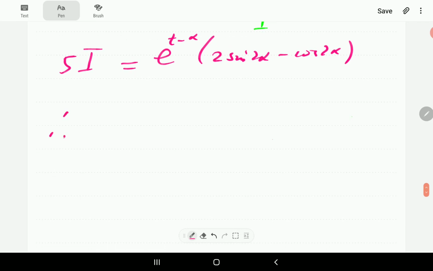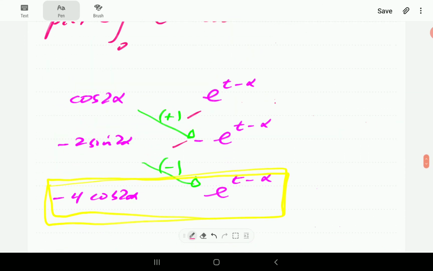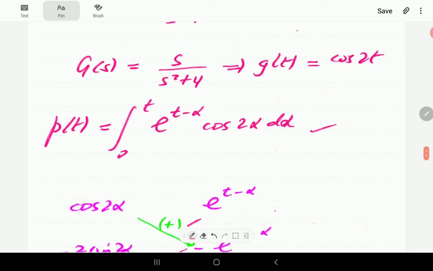So I is going to be e to the t minus alpha over 5, 2 sine 2 alpha minus cos 2 alpha. Then we're going to take this and plug it into our convolution here.